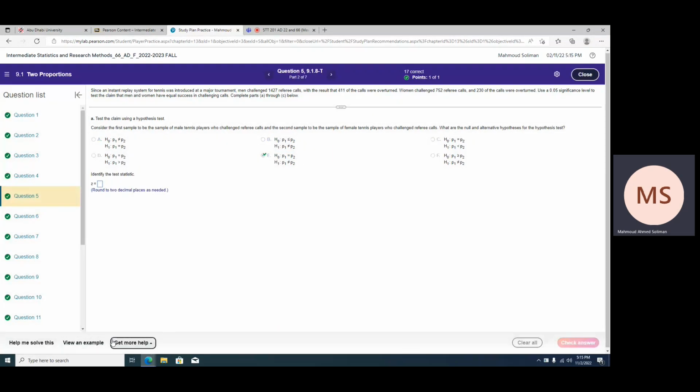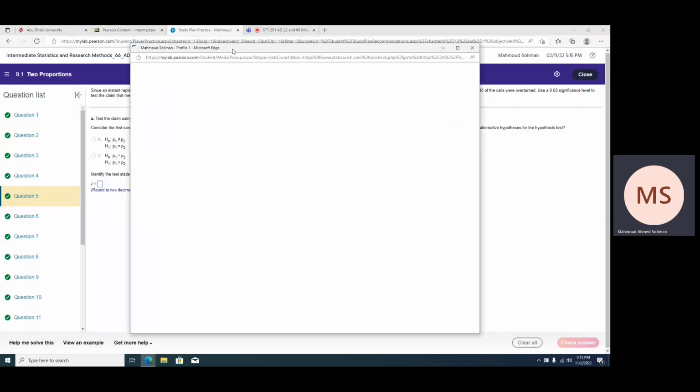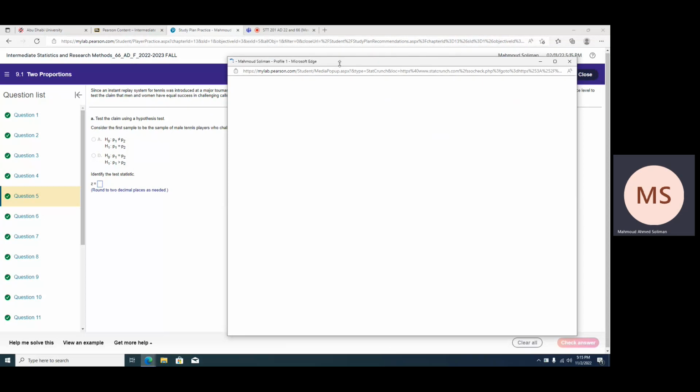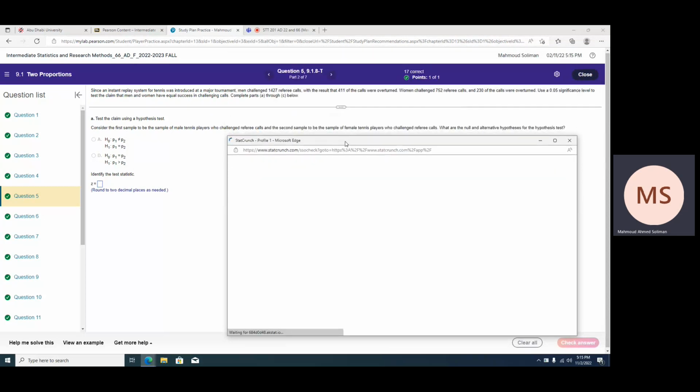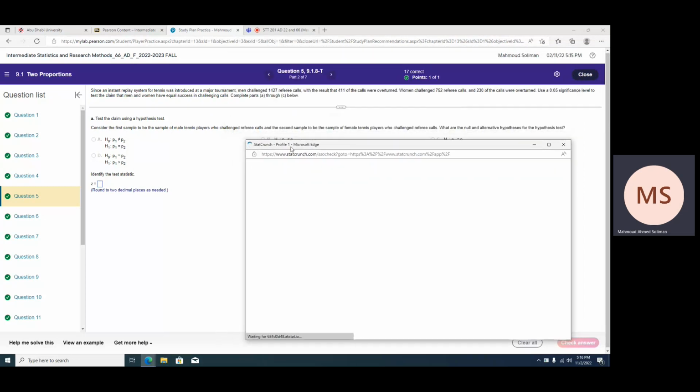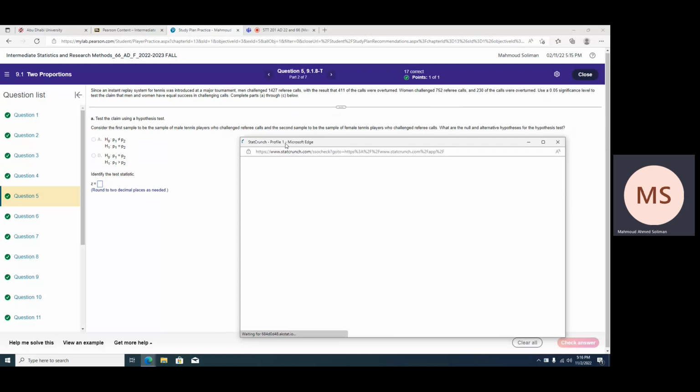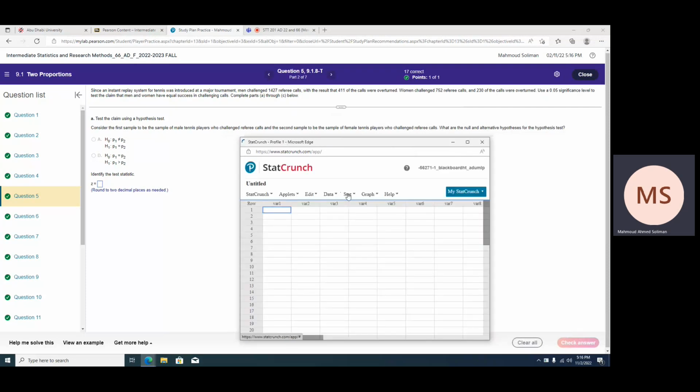So now we have to find the test statistic. Open StatCrunch. We go to Stat, Proportion Stats, Two Sample, With Summary.